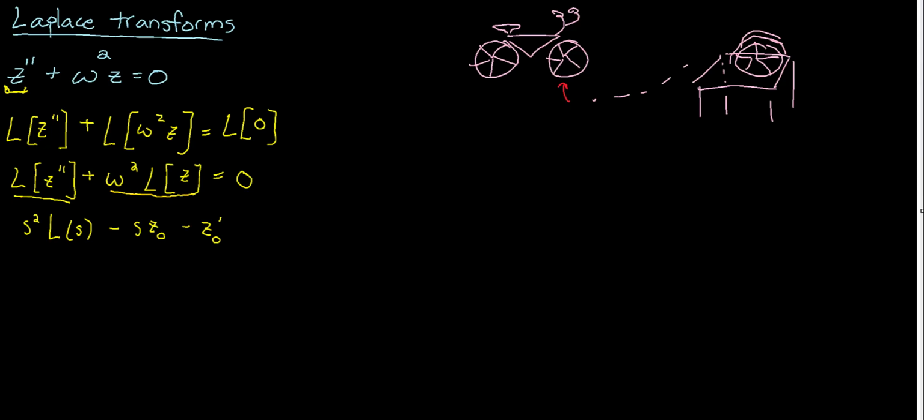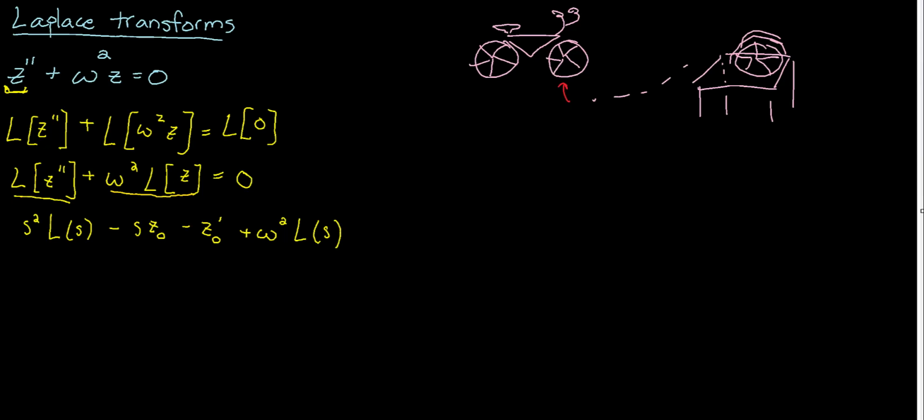Next, I need to move on to the second term. So I had an omega squared. I'll write that down, times the Laplace transform of z. So that'll give me L of s.